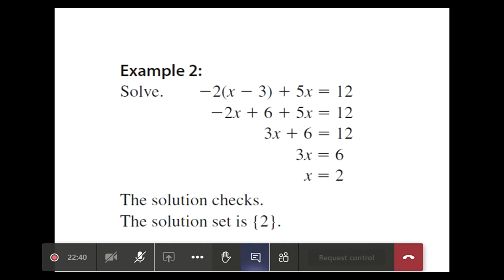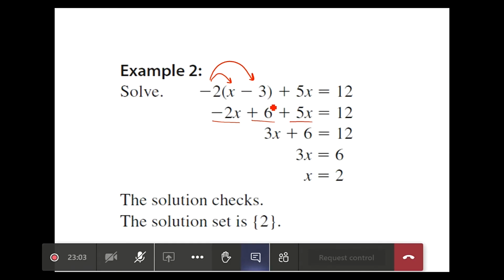So this is a linear equation. Firstly, we need to remove the brackets, so we multiply negative 2 by x and negative 2 by negative 3. Now we have negative 2x and positive 6 plus 5x.